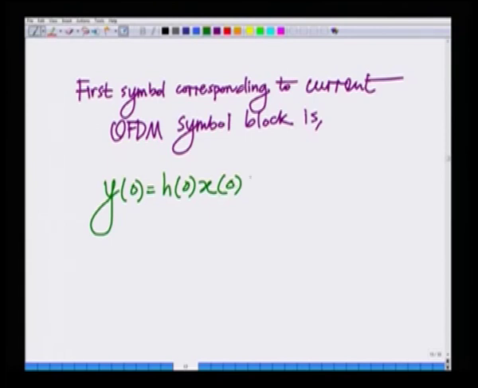But this is not the only component that is present. Remember, this is a multipath frequency selective channel, which means there is intersymbol interference.